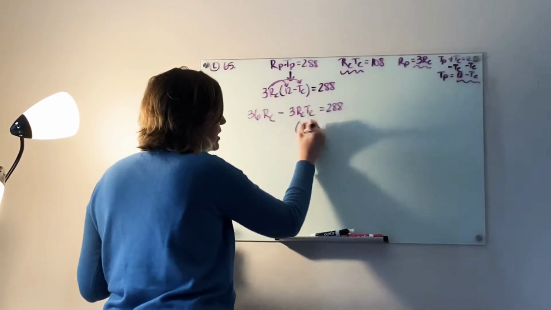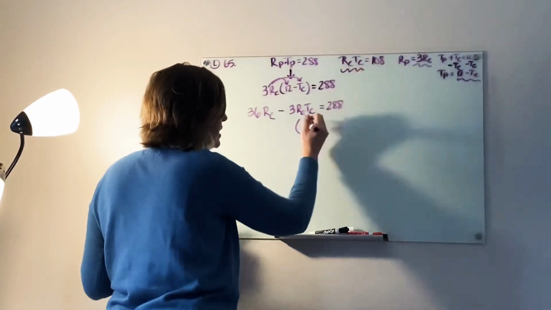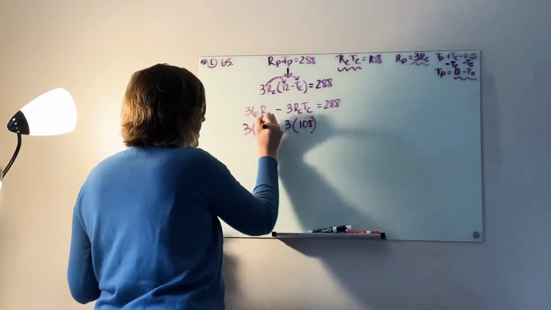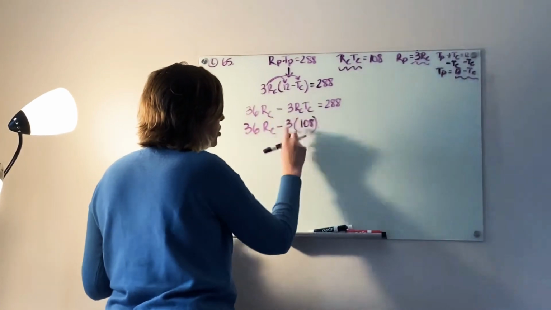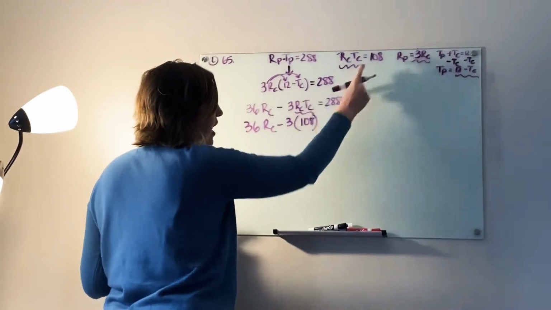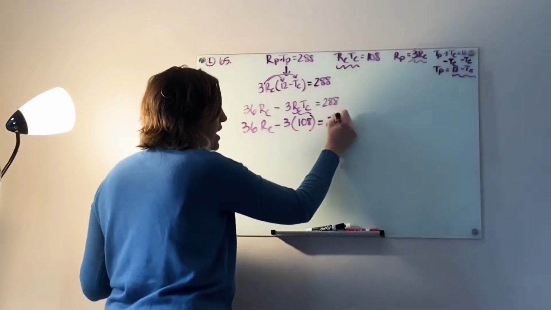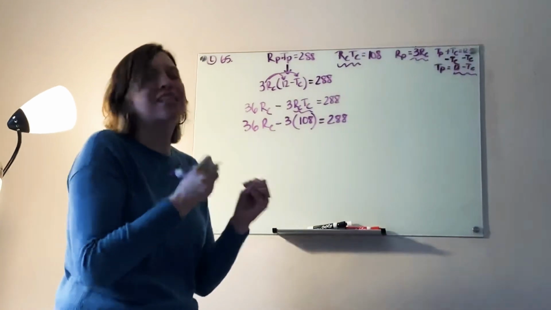So I'm going to substitute in RCTC is 108. So 36RC minus 3 times the value of RCTC, 108, equals 288. Do you all see how this is just like a puzzle?